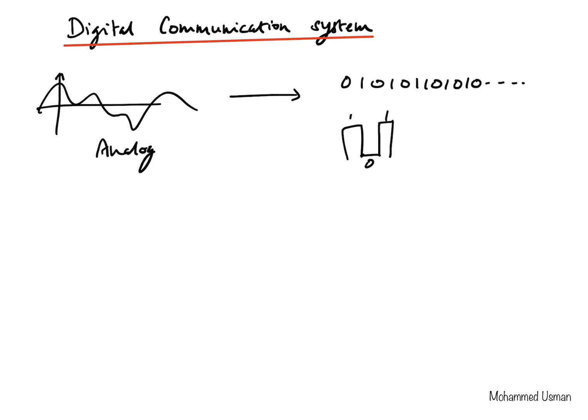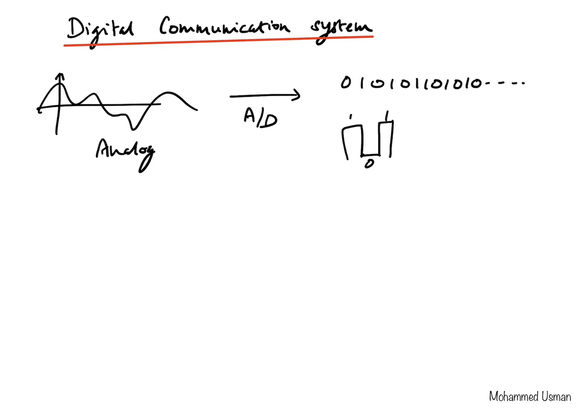So a 1, a 0, a 1, and so on, right? Depending on the value of the bit, we'll represent it with some form of pulse, and that will give us a digital signal. So we perform analog to digital conversion, A to D conversion, to convert an analog signal to a digital signal.